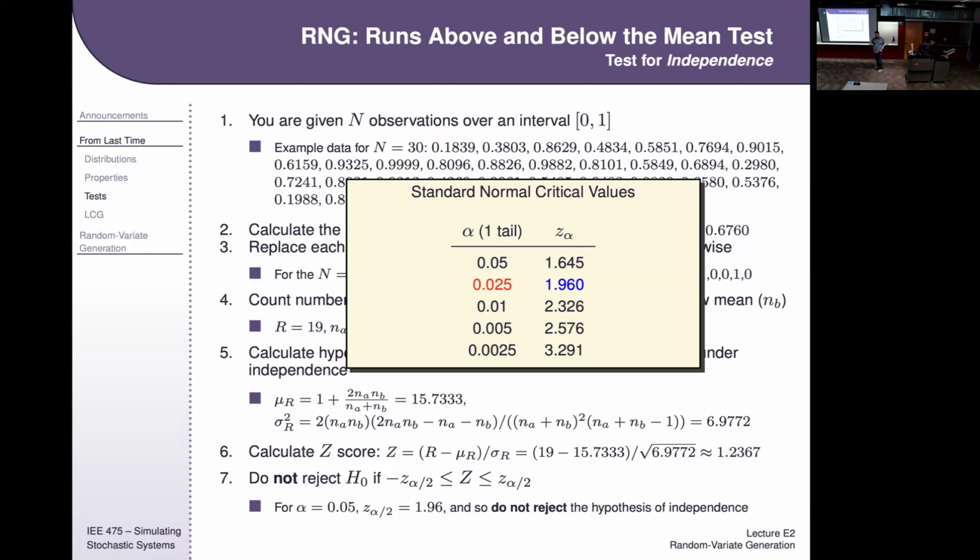But what you should know now is that if I ask you for a 5% significance level, you look for the 2.5% in the one-tailed table. Even though I want a 5% significance level, that's divided between the two tails, so in any one tail it's only 2.5%. And that gives me my threshold of 1.96.